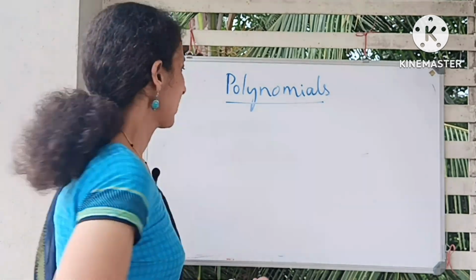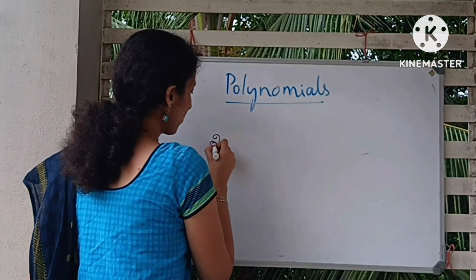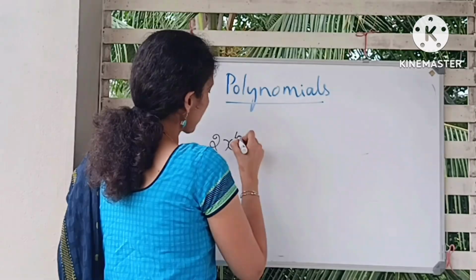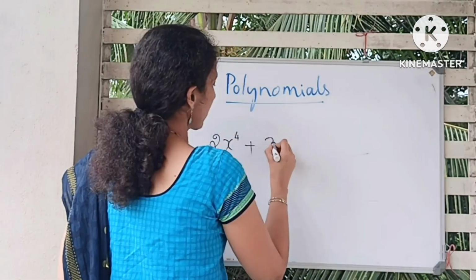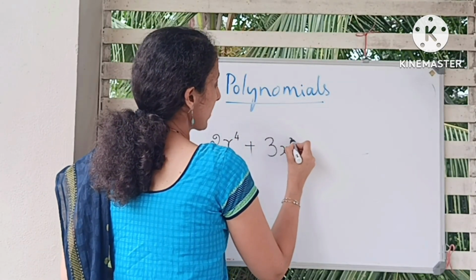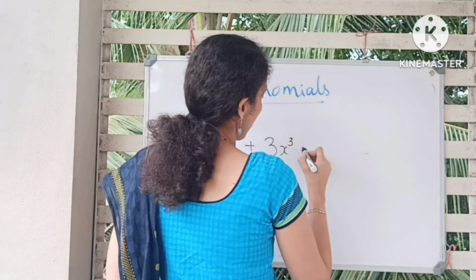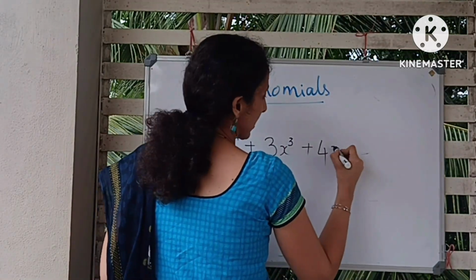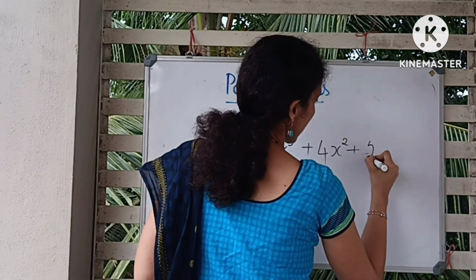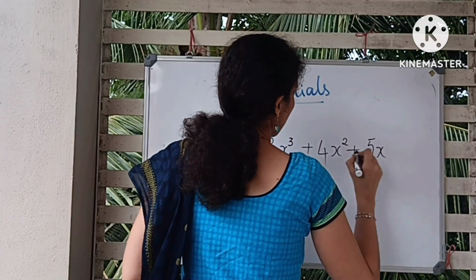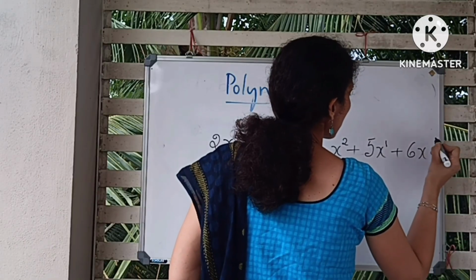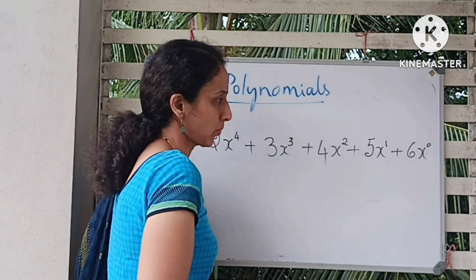Algebraic expressions in which some constant, say 2, multiplied by a variable raised to some power, let us say 4, plus some other constant and the same variable raised to the power 1 less than that, that is 3, and some other constant multiplied by the variable raised to the power 1 less than the previous one, plus again another constant with a variable raised to 1 and some other constant with variable raised to the power 0.